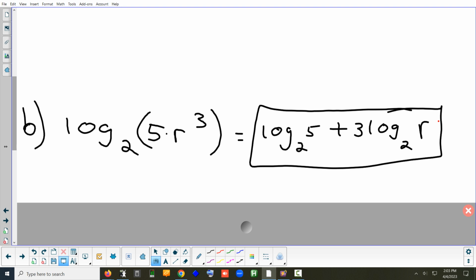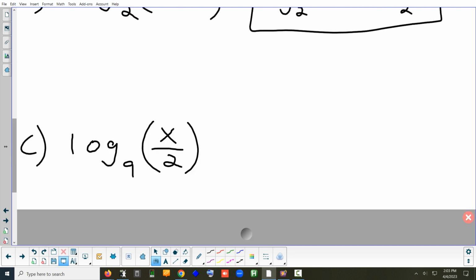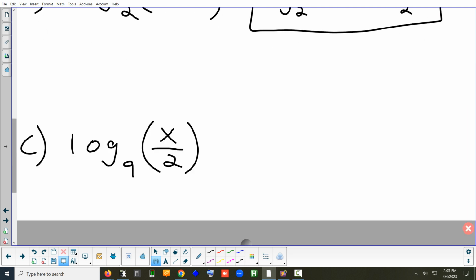Okay. Any questions on that? Let's try this one. Log base 9 of x divided by 2.